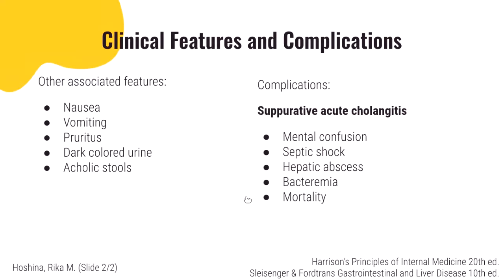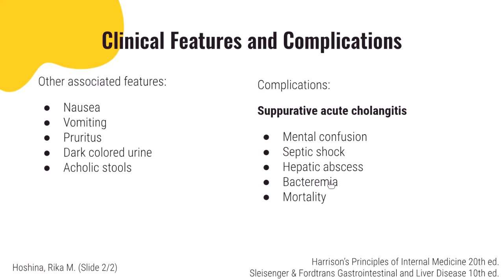In cholangitis, specifically the non-suppurative type, this typically responds rapidly to supportive measures and antibiotics, while the suppurative type of acute cholangitis may lead to complications such as mental confusion, septic shock, and hepatic abscess, which can be brought about by bacteremia.